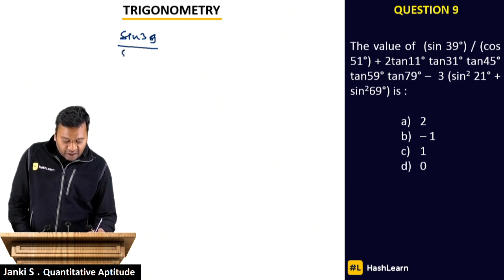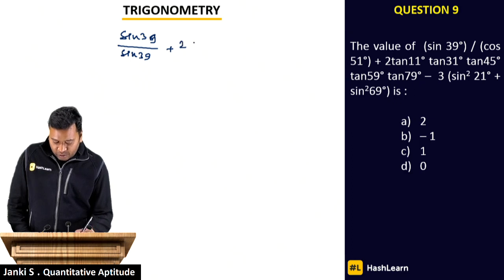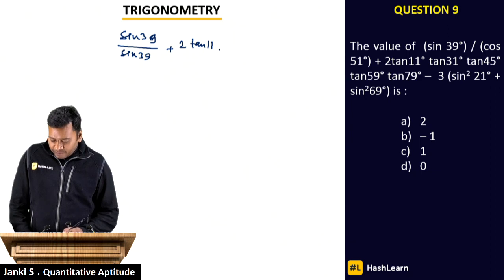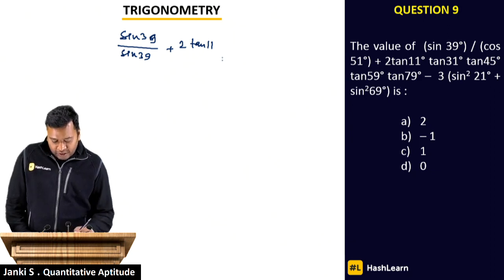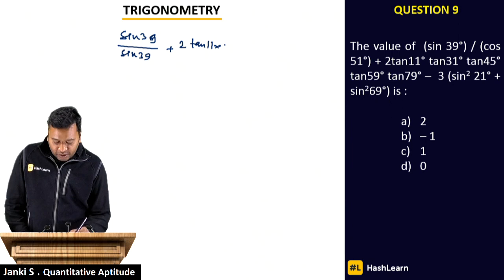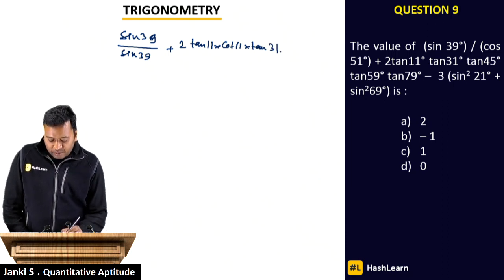So cos 90 minus 39 is nothing but sin 39 itself, plus twice of tan 11 and tan 79. पहले हम लोगों ने देखा प्रीवियस केस में, that means it's nothing but equal to cot 11 also into tan 31. So tan 31 and 59, that means it's also cot 31 into tan 45.